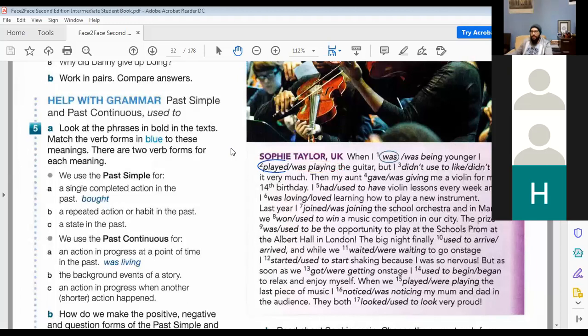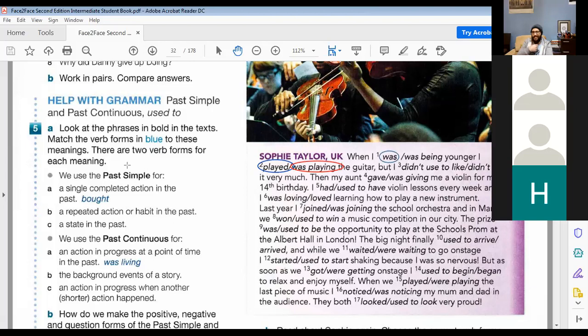Okay. But even here, the background events of a story, this meaning, not because it's still in progress. Even background, its event is completed. I think that's why I choose "was playing."